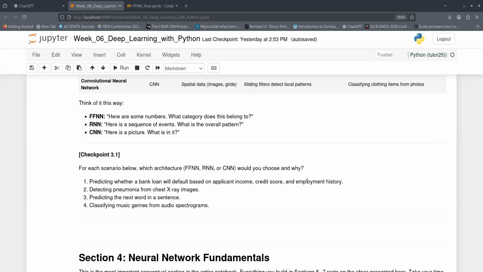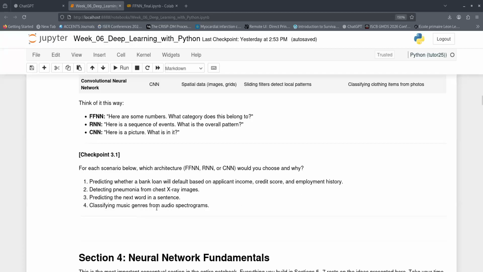But here we want to predict whether a bank loan will default or not. So if we match it with the options to choose between, I think it's the feed forward neural network. It's okay. Thank you.